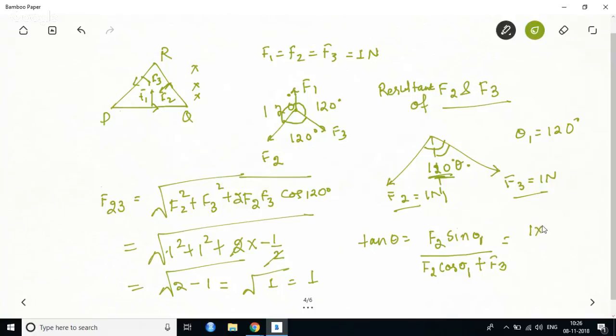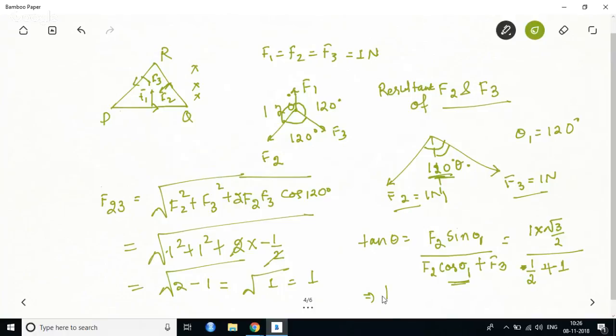So how much is it? F2 is 1 into sine 120. Sine 120 is how much? Sine 180 minus 60, which is sine 60. So 1 times root 3 by 2. Then F3 is 1, plus F2 cos 120, because cos 120 would be negative, so I'm writing it minus 1 by 2.